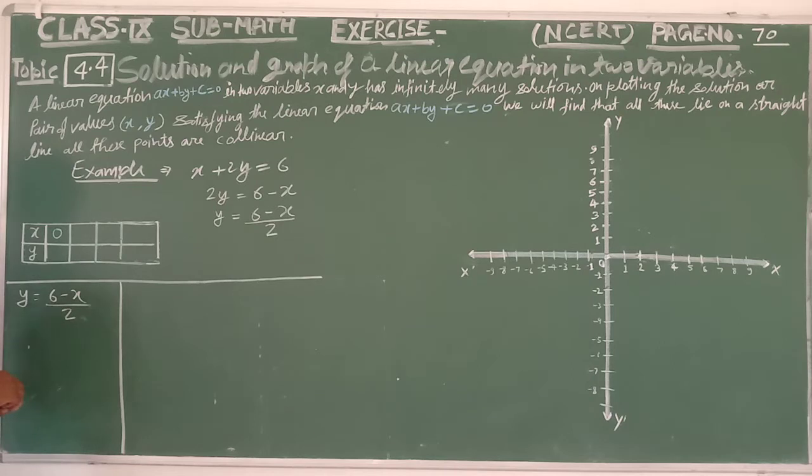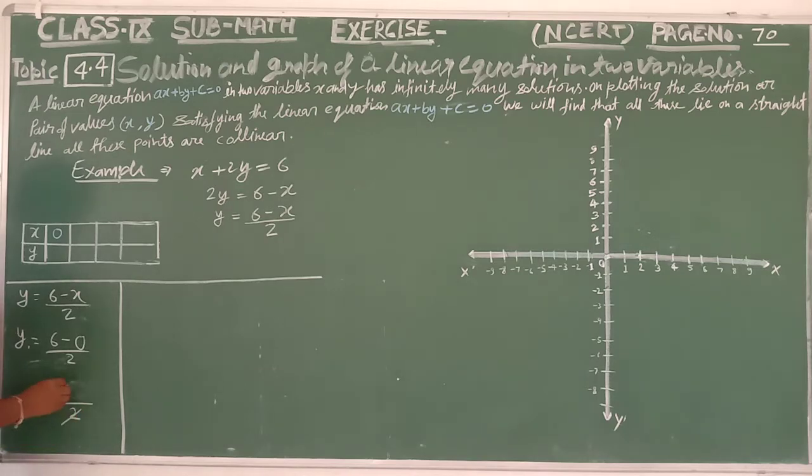You write 0 here, then put the value in this equation. y is equal to 6 minus 0 upon 2, which means 6 remains, 6 upon 2.